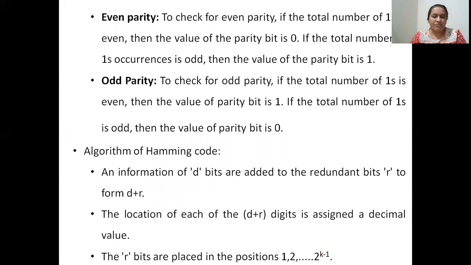So the r bits will have a place value by their position, like 2 power 0, 2 power 1, 2 power 2, so on up to 2 power k minus 1. So there will be original data of size d, and there will be redundant bits r, and each of these digits will have a decimal place value.